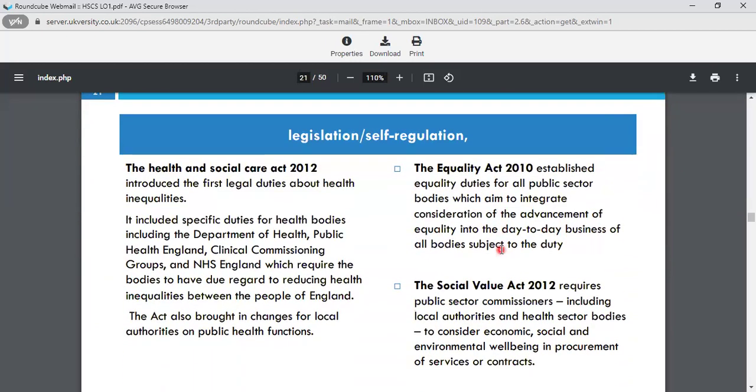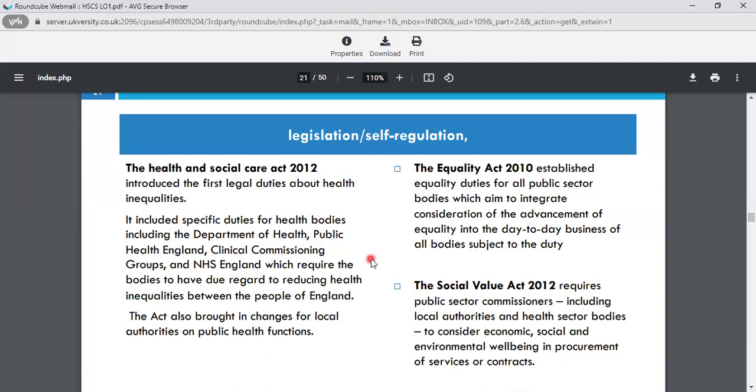Coming towards health legislation and self-regulation. The Health and Social Care Act, we've talked about it several times before, 2012 was introduced, and it was the first legal duties about healthcare inequalities. And it included specific duties for health bodies.